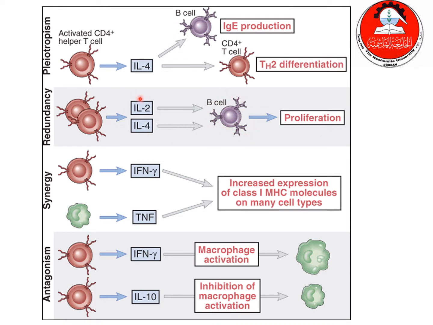So two types of cytokine doing the same work. Synergy, here we can see that interferon gamma and tumor necrosis factor increase expression of class 1 MHC molecules on many cell types, so they have more than additive effects. Antagonism, so the interferon gamma leads to macrophage activation, while the interleukin-10 inhibits macrophage activation.